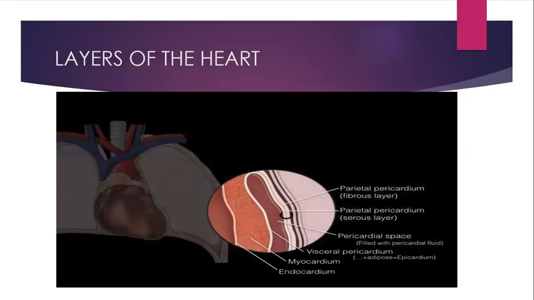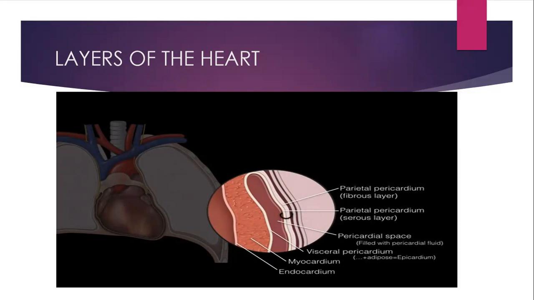Okay, so this is the wall of the heart. You should also remember this one. The wall of the heart is very important for checking hypokinesia or dyskinesia of the heart muscles in cases of ischemic heart disease.